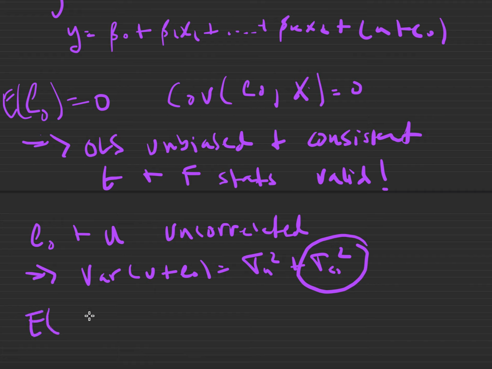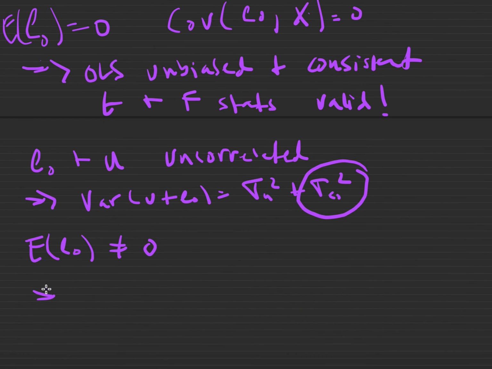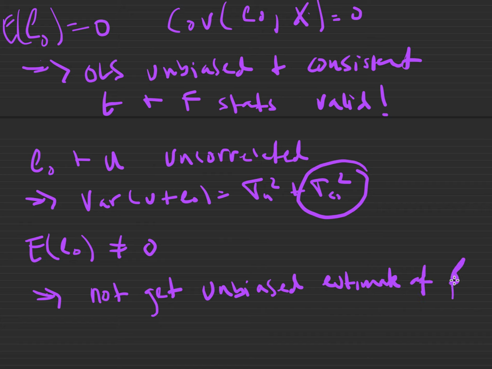If the expected value of e0 does not equal 0, this implies that we will not get an unbiased estimate of beta naught, which is okay. We don't really care about beta naught. We care more about beta 1 through beta k.